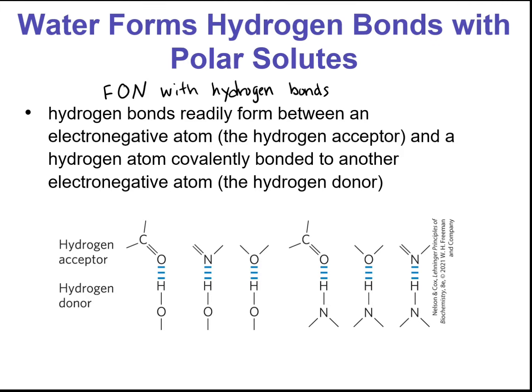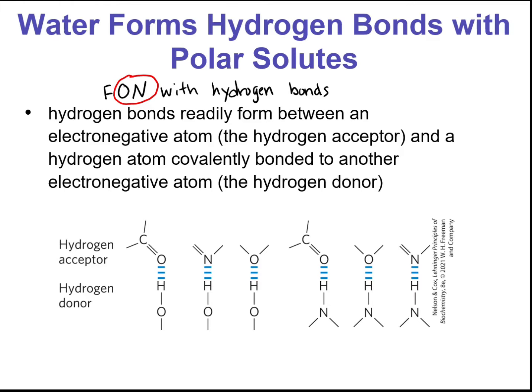Now, for our purposes in this class, we're not really talking about fluorine. But oxygen and nitrogen are very biologically relevant. So we're focusing on those hydrogen bonds. The hydrogen acceptor is always going to be the electronegative atom.